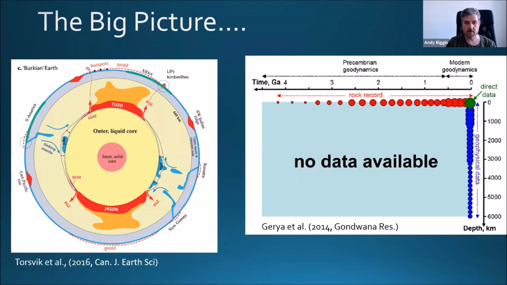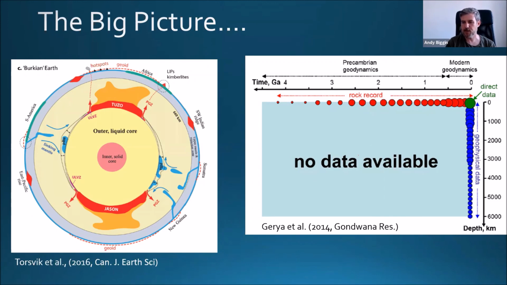And then these in turn may interact with the thermal boundary layer down there, triggering plumes, some of which may rise all the way to the Earth's surface, causing large igneous provinces and hotspots and things like that. And in turn, those will be taking away hot regions from just above the core, and again influencing the outer core beneath.